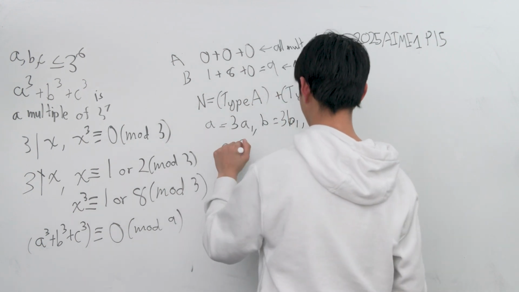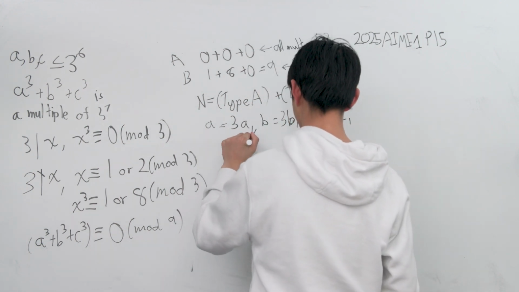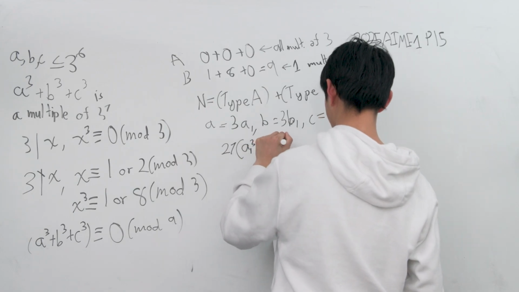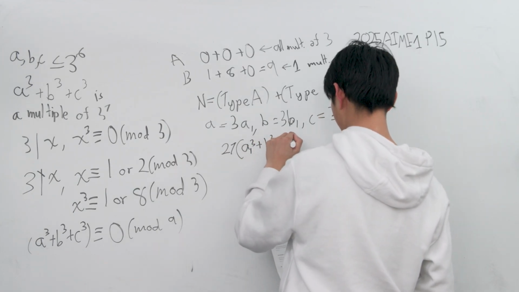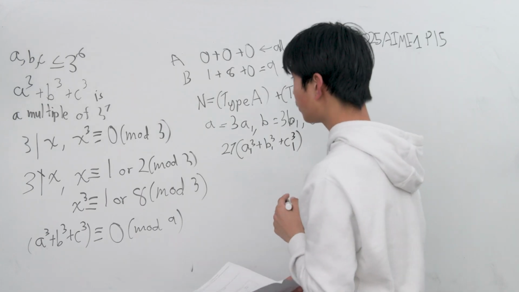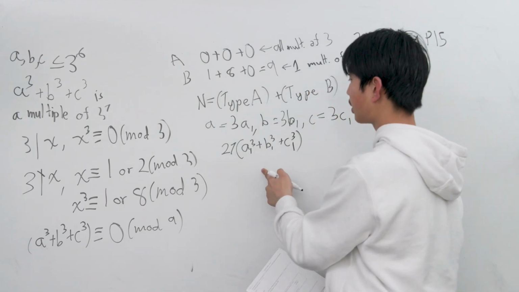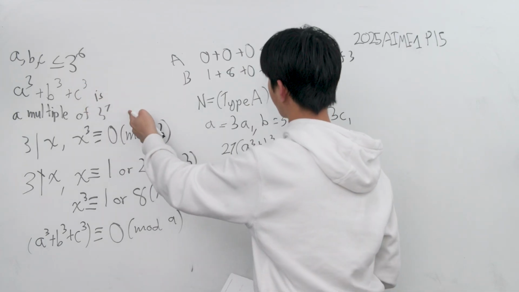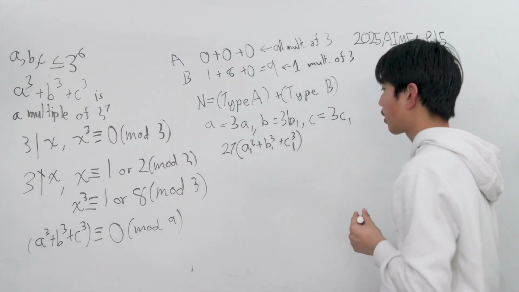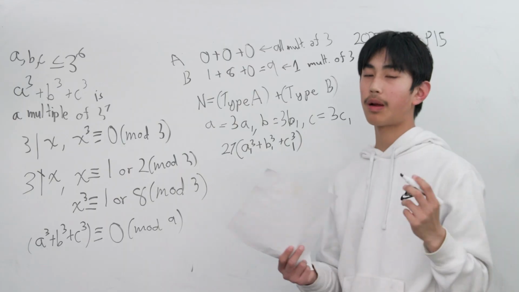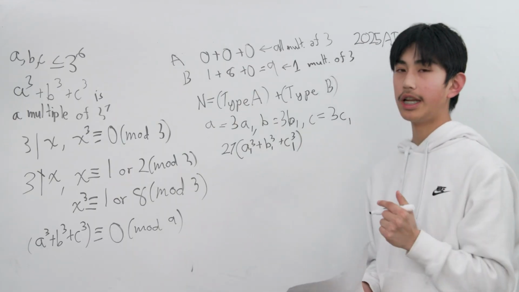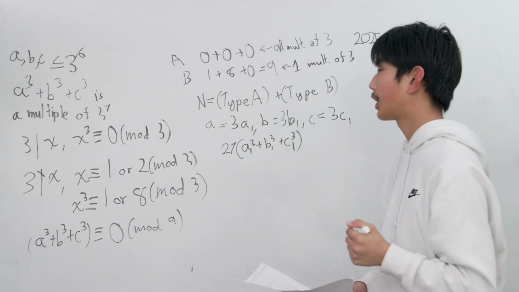And then we are left inside the parentheses with a1 cubed plus b1 cubed plus c1 cubed. Now we know that this entire number has to be divisible by 3 to the power of 7. So if 27 is 3 to the power of 3, then this has to be at least divisible by 3 to the power of 4, because that's what's left.